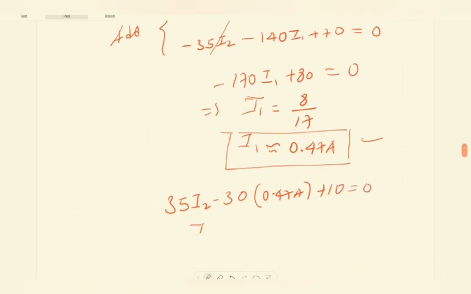Then finally I2 is approximately... By multiplying this quantity and solving this equation, you would get a result of 0.12 amp. Of course, you have found the current I2.